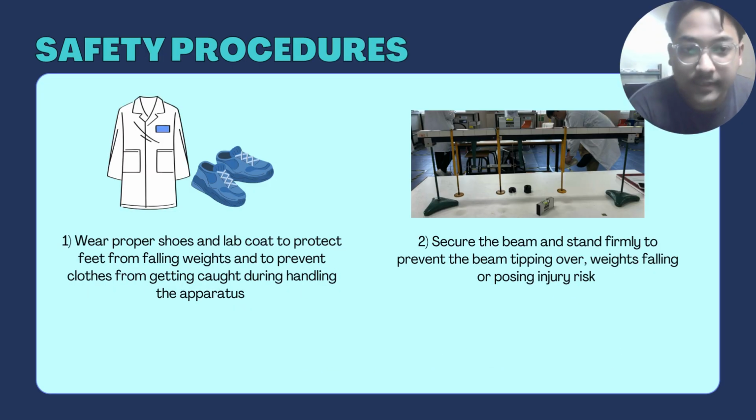Okay, for the safety procedures, first, we need to wear proper shoes and a lab coat to protect feet from falling weights and to prevent clothes from getting caught while handling the apparatus. The second one is to secure the beam and stand firmly to prevent the beam tipping over, falling, or posing injury risk.